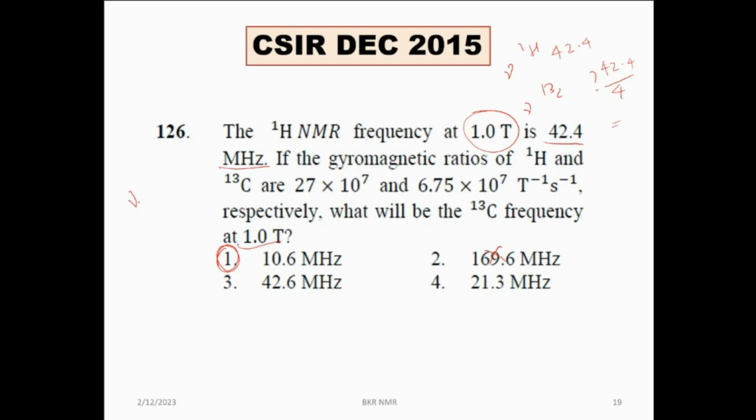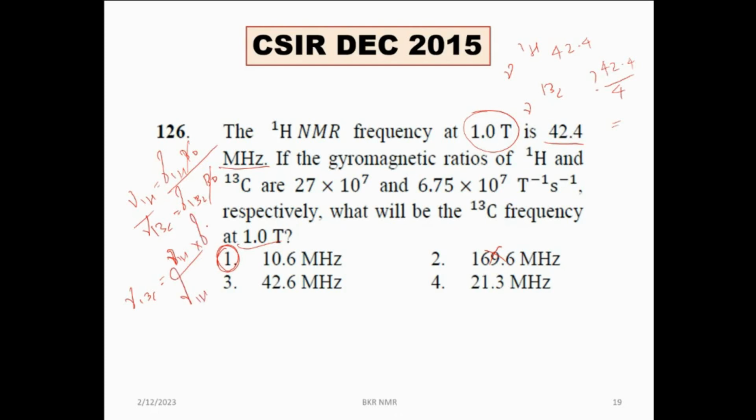Nu of proton is equal to gamma of proton into B0. Nu of carbon is equal to gamma of carbon into B0. We can divide the two and cancel B0. So nu of carbon is equal to nu of proton, multiplied by gamma of carbon over gamma of proton.